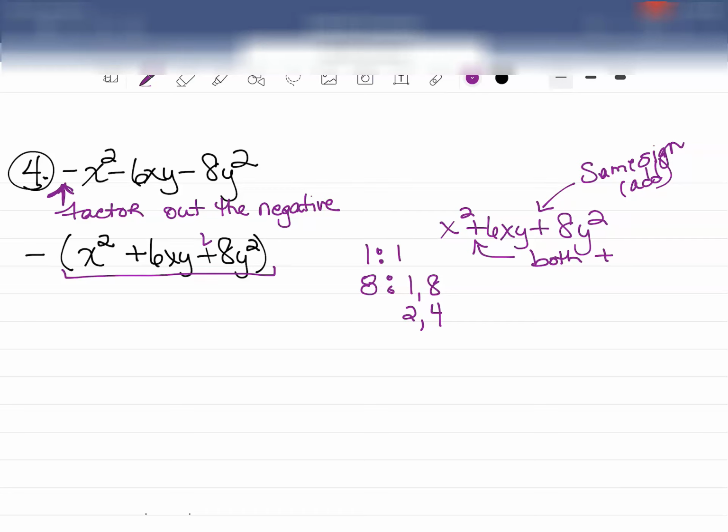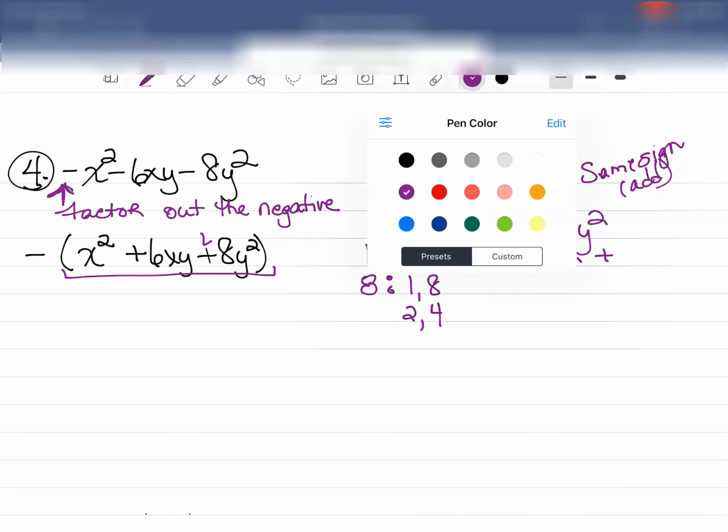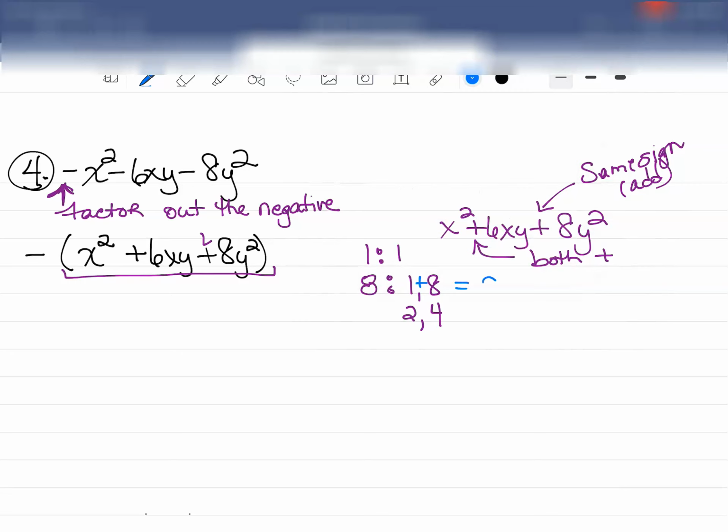And they're both going to end up being positives. So then I go through my factors and I check. One and 8 will give me 9, 2 and 4 will give me 6. That's the one that I need. And then I know I want that to be both positive because of the note that we already made.